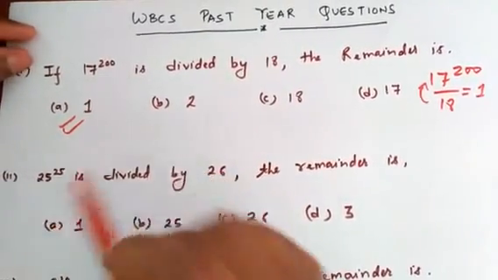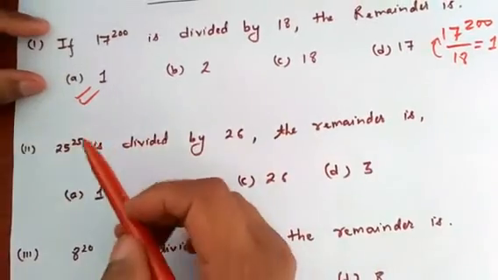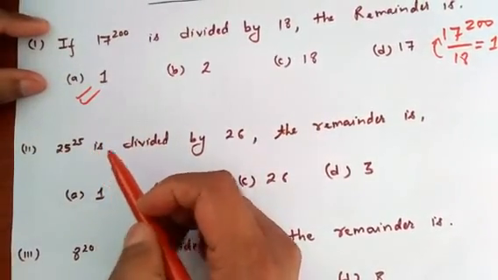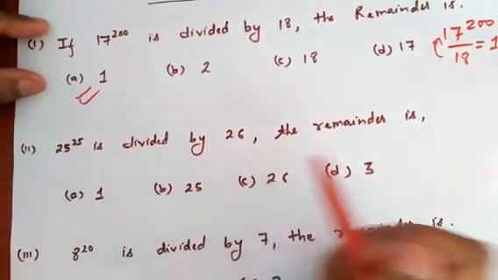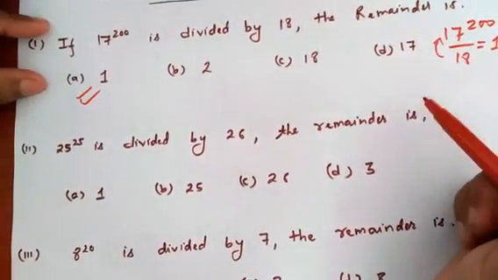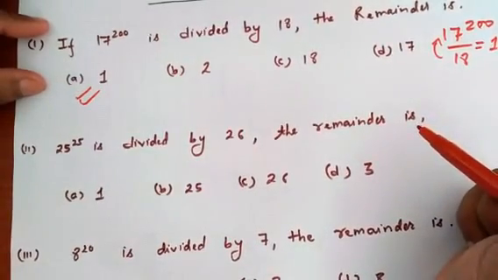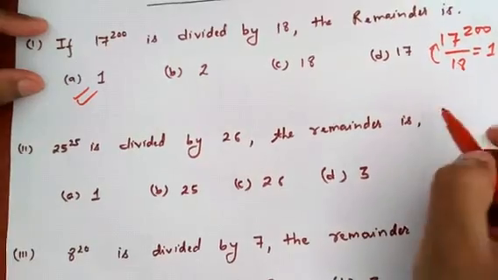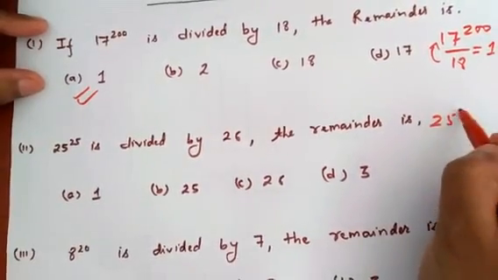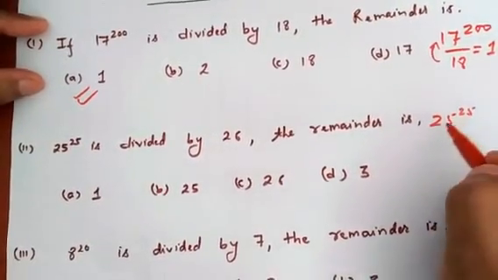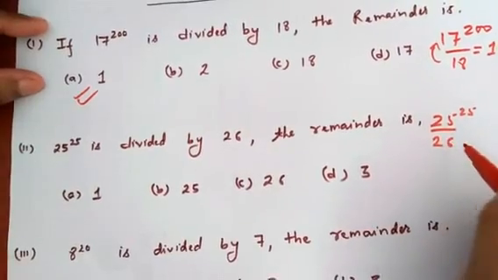And this one, 25 to the power 25 is divided by 26. The remainder is? You can find these questions even in the book of R.S. Agrawal.